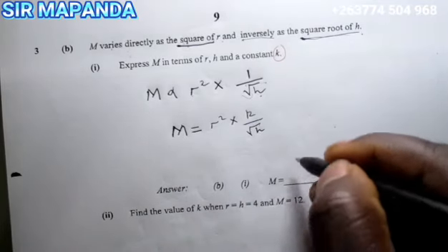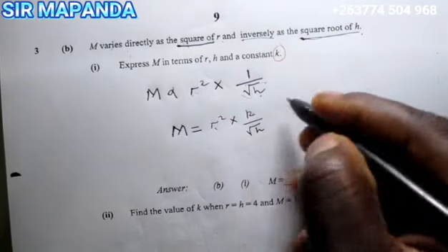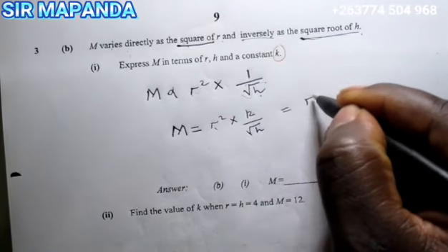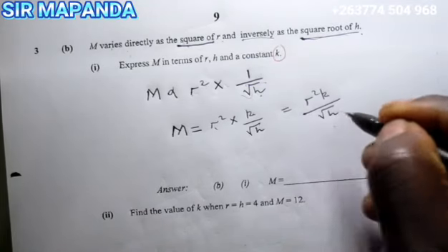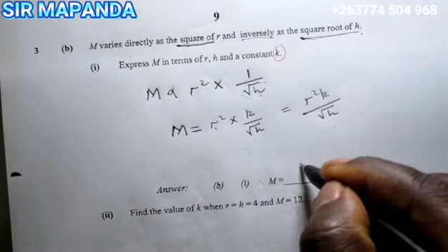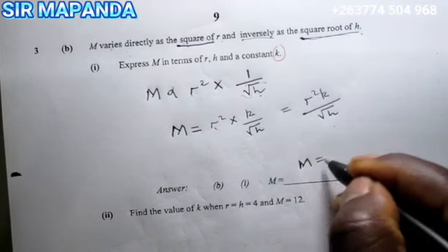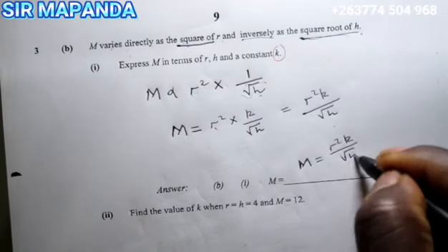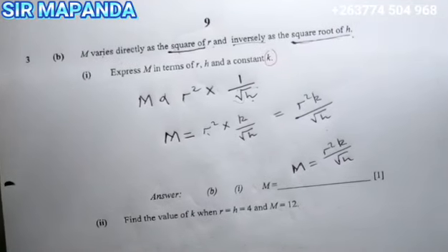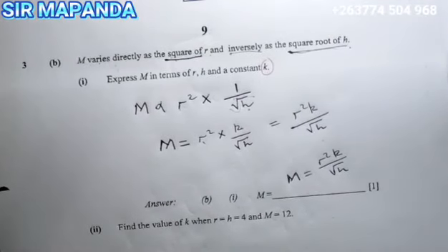You get r squared k, or k r squared over root h. So your answer is m is equals to r squared k over root h. Then you are home and dry. You get yourself a single mark for that.